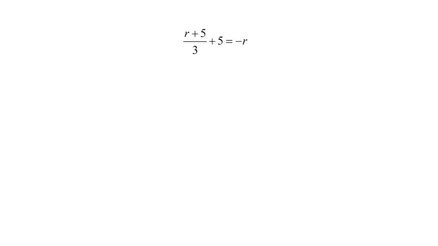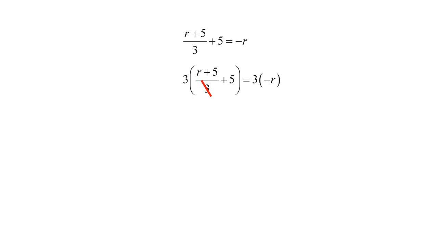So we will multiply the left-hand side by 3 and get this, and multiply the right-hand side by 3 as well and get 3(-r). Now, this 3 and this 3 cancel out. However, we have to remember that this 3 must be multiplied by 5 as well. These do not cancel out.